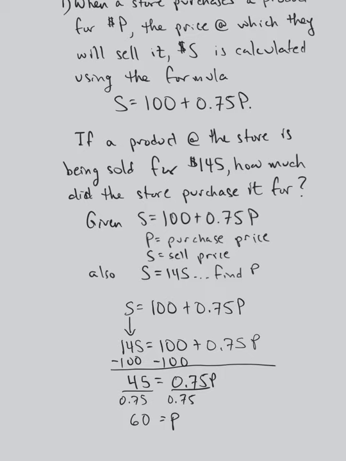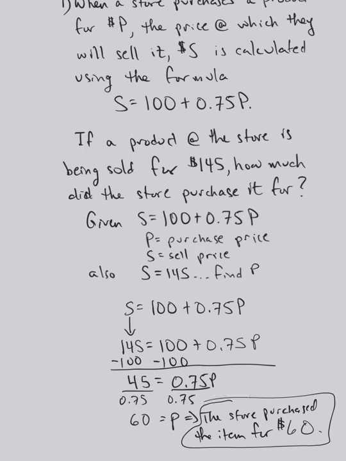So at the very least, include units, but technically we would say the store purchased the item for $60. That's one of the best ways. There's other wording, you might not word it exactly the way I did. Key thing is though, include units, and then just answer it in a short sentence, and you'll be fine.